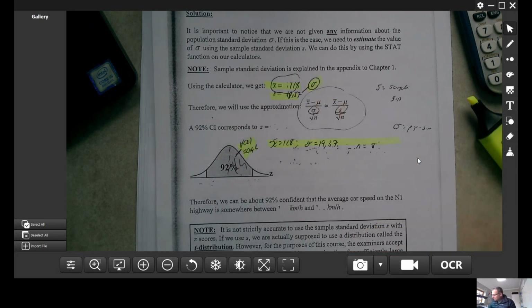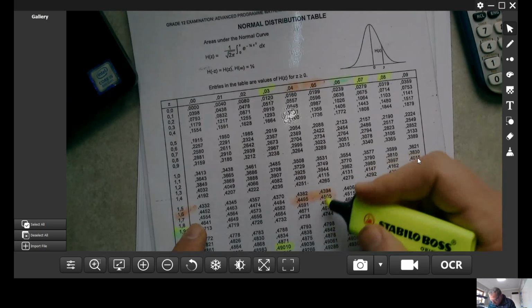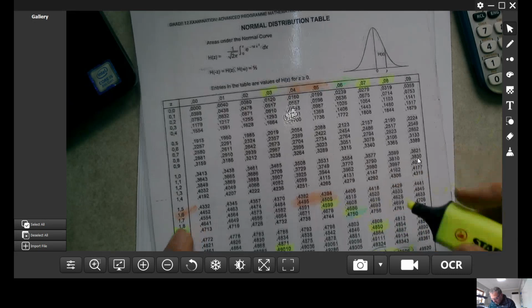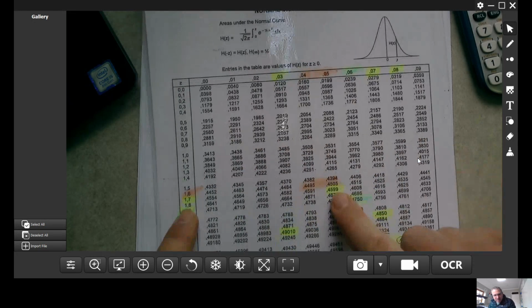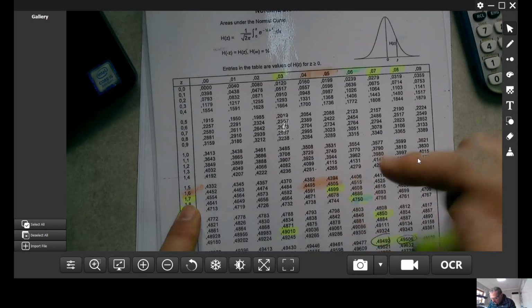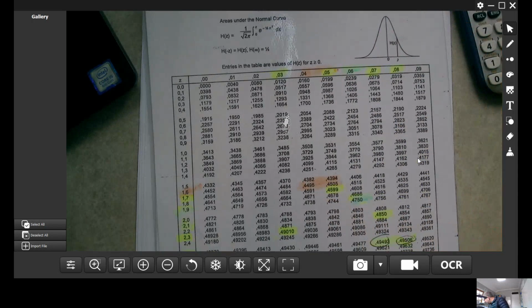That's half the area. So I go to my table, I look for 0.46. Here's 0.45999, which is pretty darn close. So I get 1.75 for my Z score.